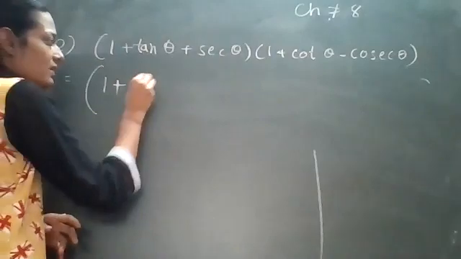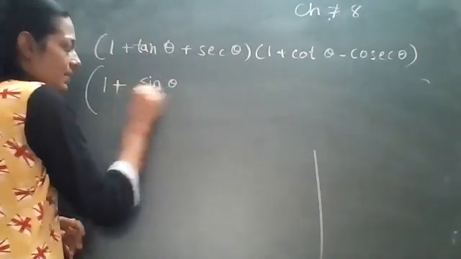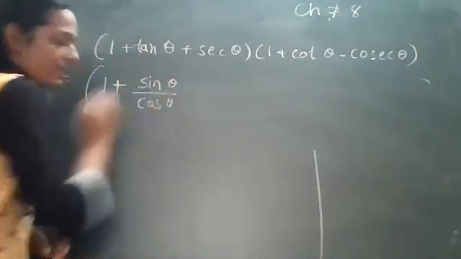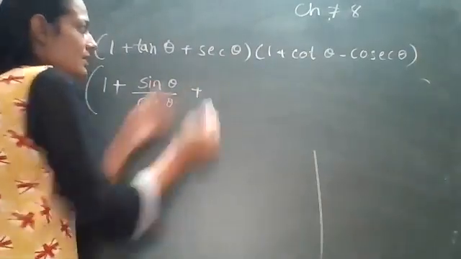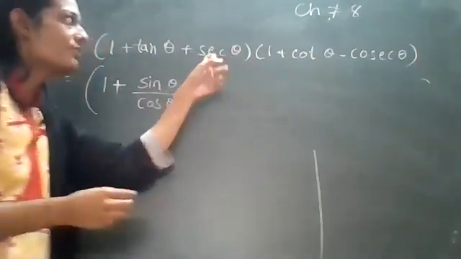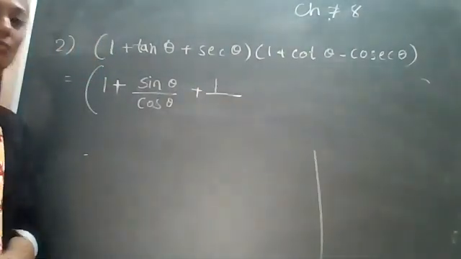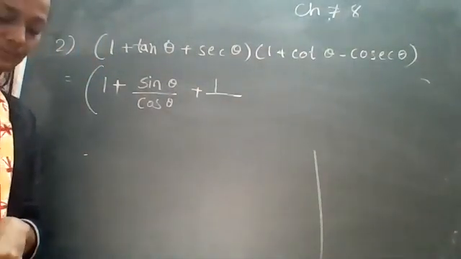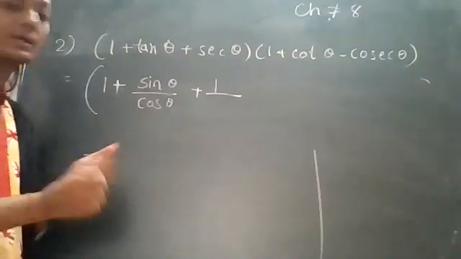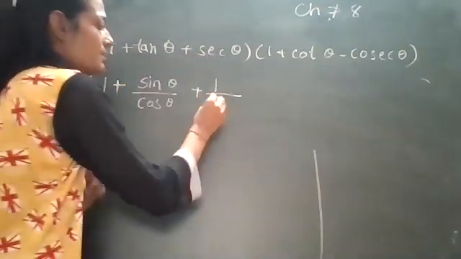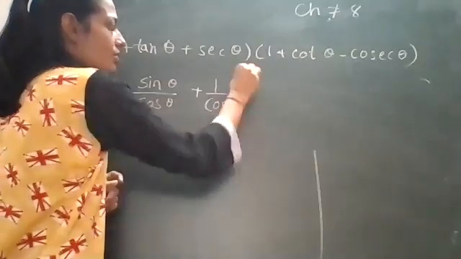Instead of tan theta, we can write sin theta upon cos theta. Now plus sec theta. Instead of sec theta, what can we write? It is the reciprocal of cos theta.